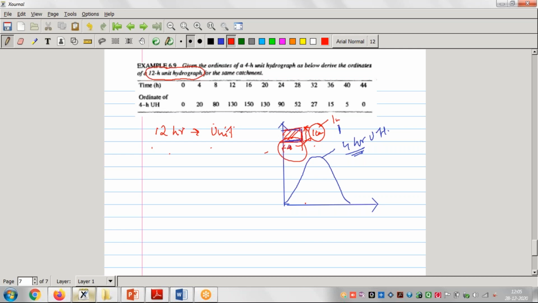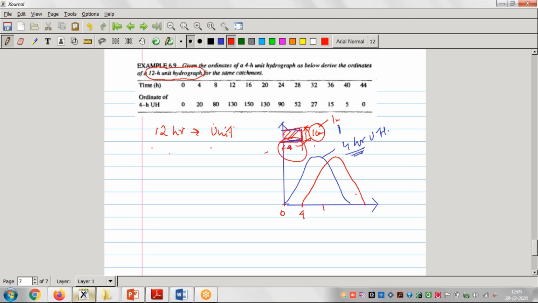If I start from the same point, I will not be able to see the other graph. That's why we will leave this 0 to 4 hour and start with the same ordinate, then we will get the same graph, right?